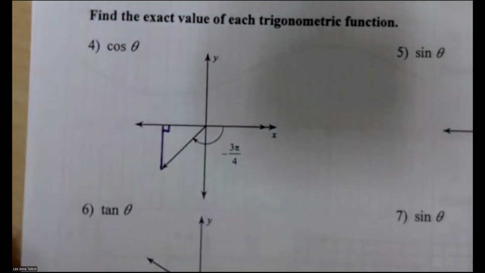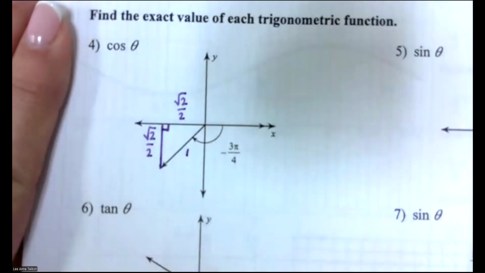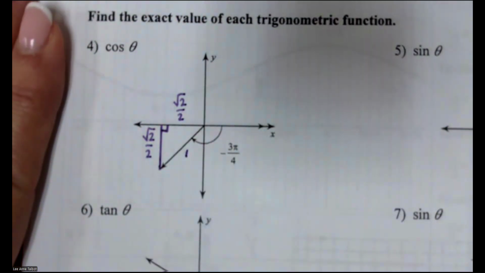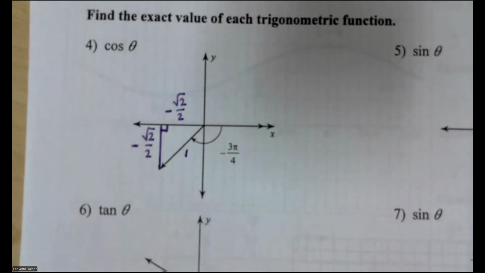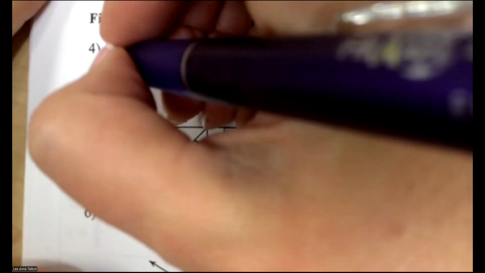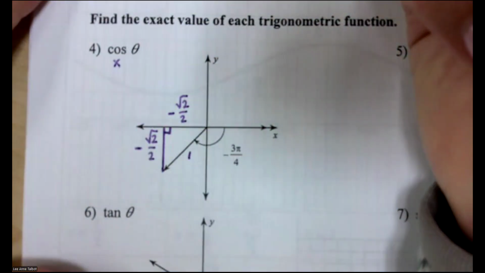Right. Okay. But what I do is I go, okay, this is 1. This is root 2 over 2. This is root 2 over 2. And then I think to myself, I'm in quadrant 3, so they're both negative. Are you guys good with that? Okay. And then I say to myself, cosine is x.